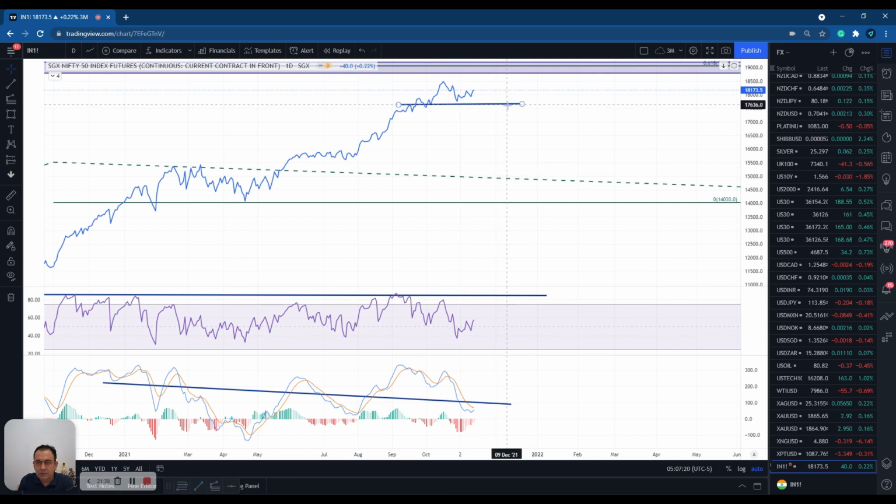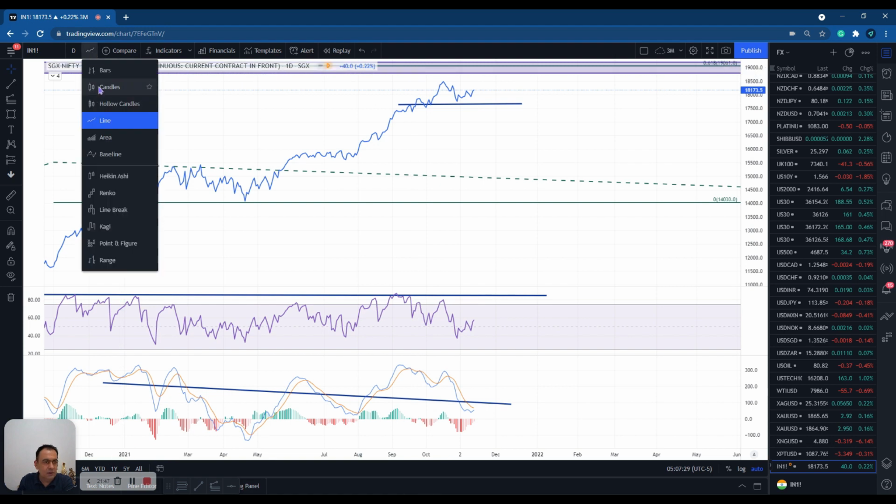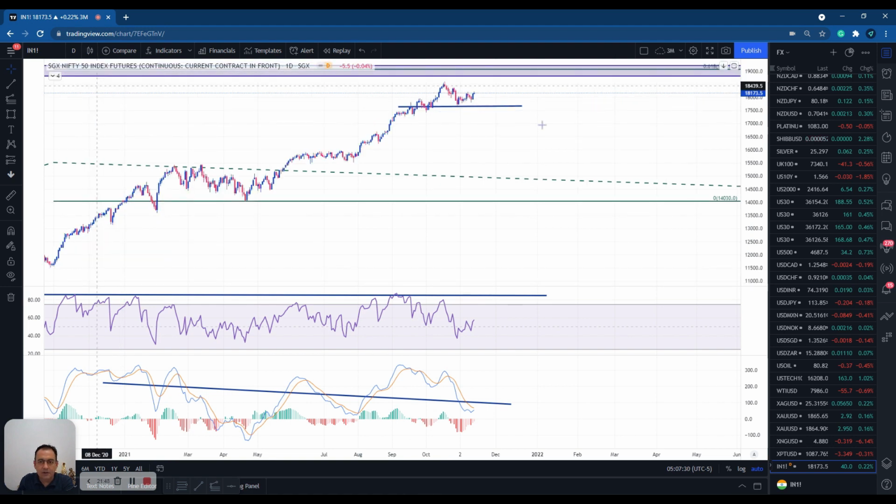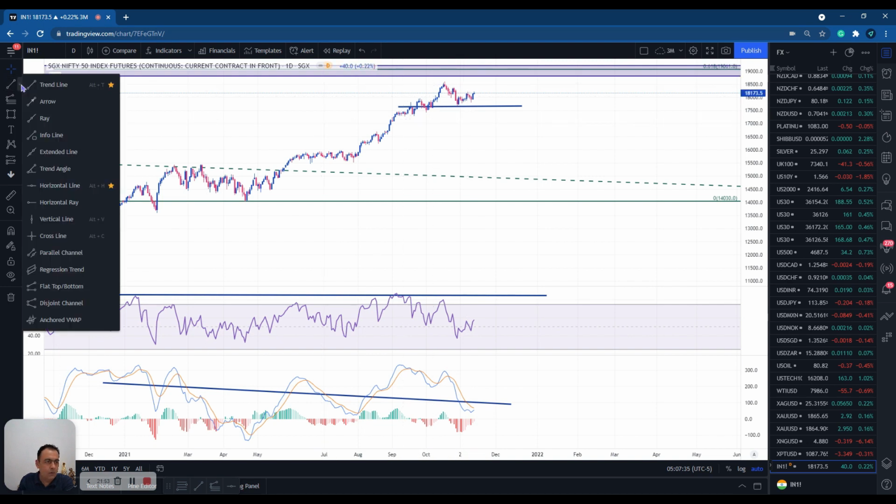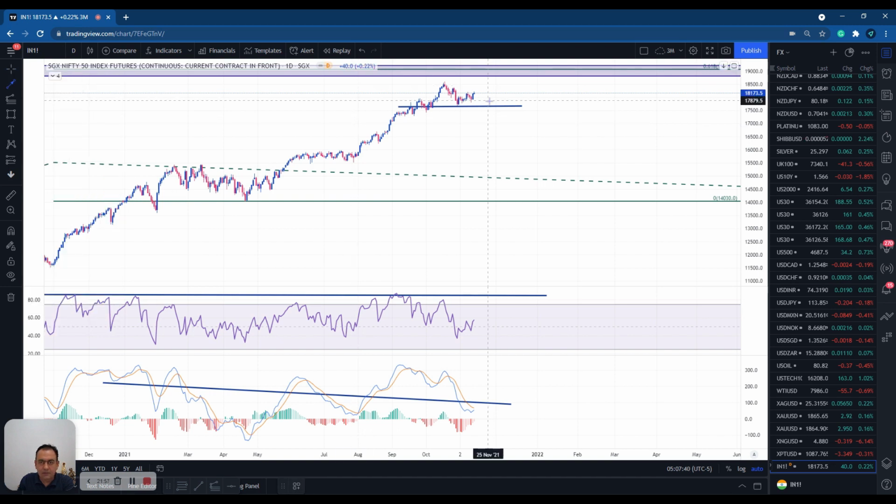This area, which is 17,667, has acted as resistance then support in the recent past. So it's a crucial area. And until it breaks below, I can't say that it has turned bearish. Once it breaks below, then make a retest.